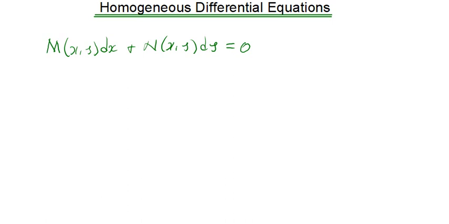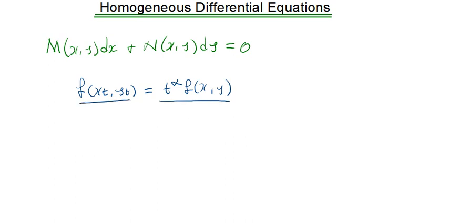If you have a function f(x, y), to determine if it's homogeneous or not, I multiply x by t and y by t, and I get f(tx, ty) equals t to the alpha times f(x, y). If this and that are equal to each other, then the function is homogeneous.